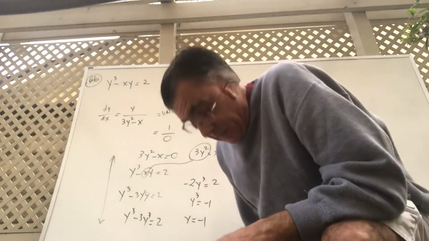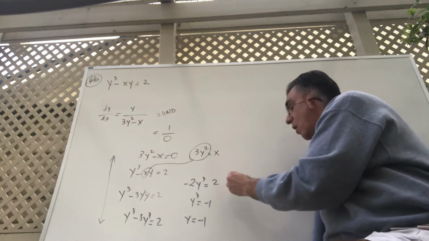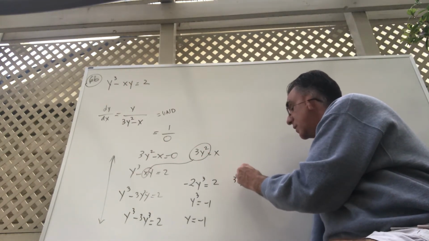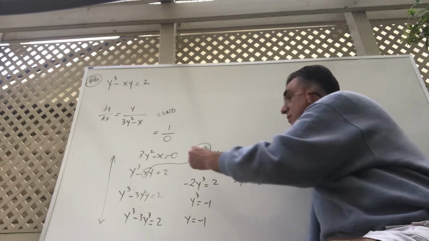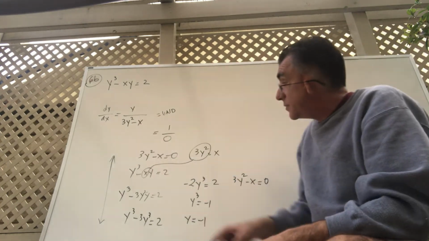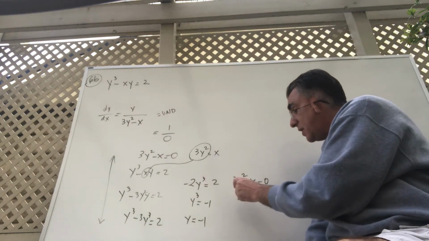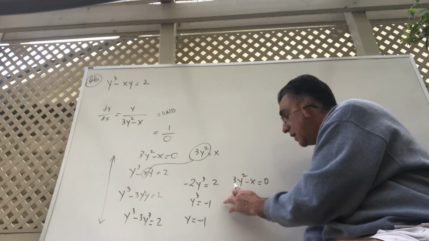So if y has to be negative 1, I can plug that back into what I know: 3y squared minus x has to be 0. I'm going back to the basic idea that this denominator has to be 0. I've established that y has to be negative 1.